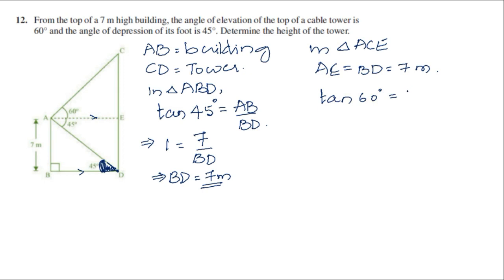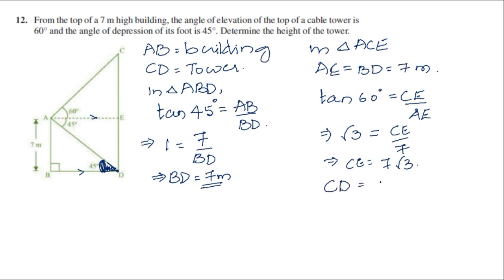Tan 60 degrees is the opposite side CE upon the adjacent side AE. Tan 60 is root 3. This is equal to CE upon 7. We get the length of CE to be 7 times root 3. Now consider CD. CD is the sum of CE plus ED.